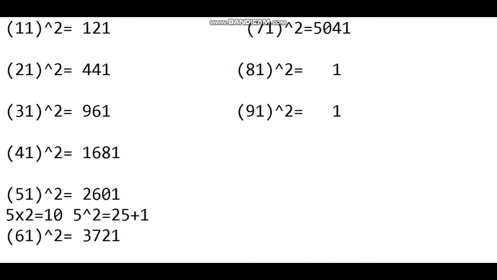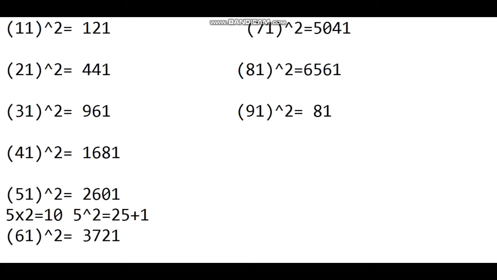And now in 51, double your first digit. That means 5 into 2 is equal to 10. So here we can write only 0. And now the square of 5 is equal to 25 plus 1.